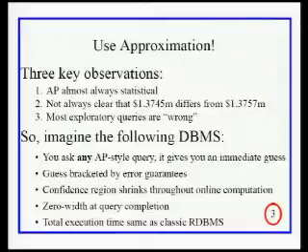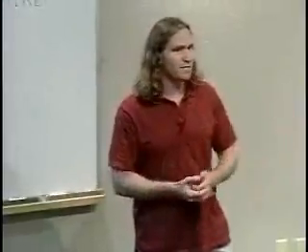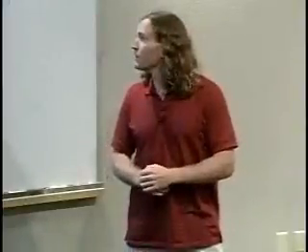Our solution, the solution we're very interested in, is to use approximation. This is motivated by 3 key observations. The first is that when you're doing this kind of analytic processing, the queries you're asking are almost always statistical. They tend to have grouping and so on, but in the end, you're usually looking at aggregates: counts, sums, mins, and maxes.